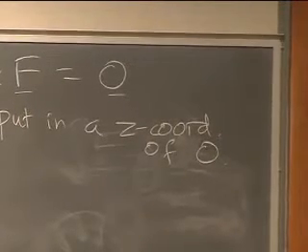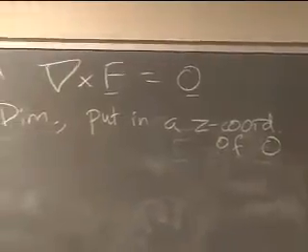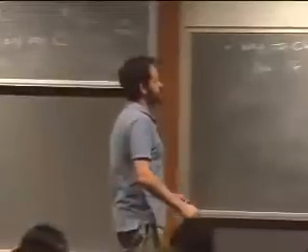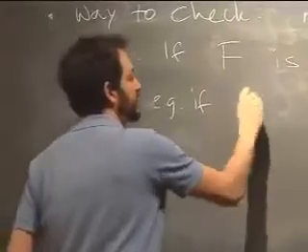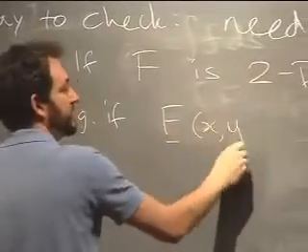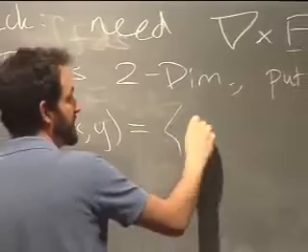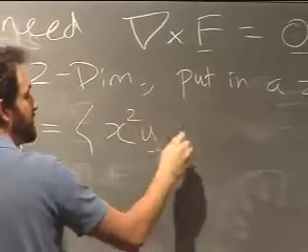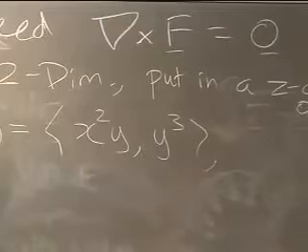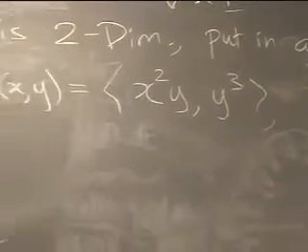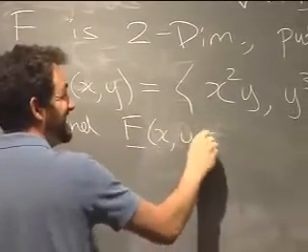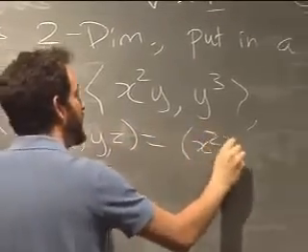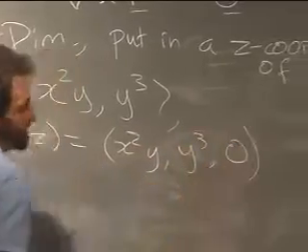I'd like to. I don't really have an example of that. So as an example, e.g., if F is just a two-dimensional vector field, if F of x, y is the vector field, say, x squared y, y cubed, then you have to sort of cheat, pretend that F of x, y, z is equal to x squared y, y cubed, 0, and then compute the curl.